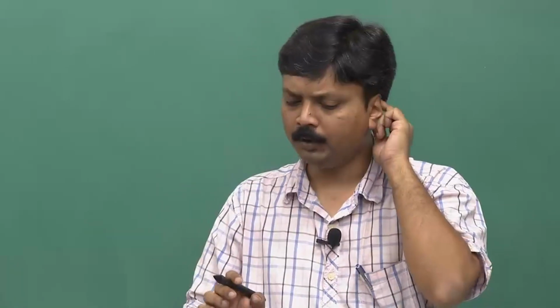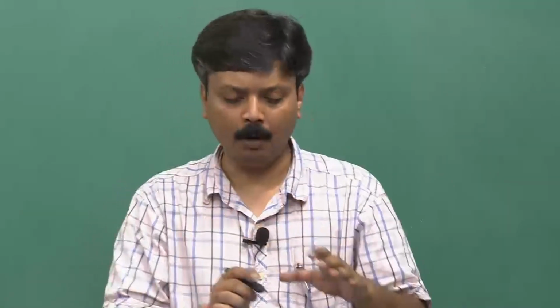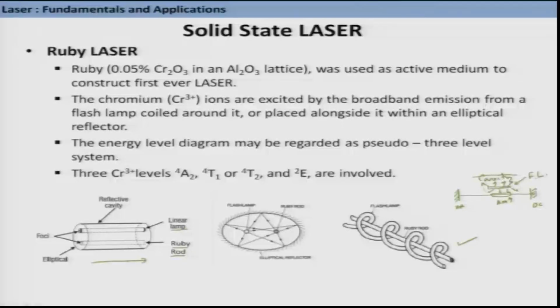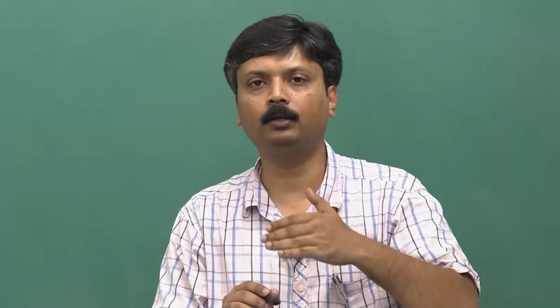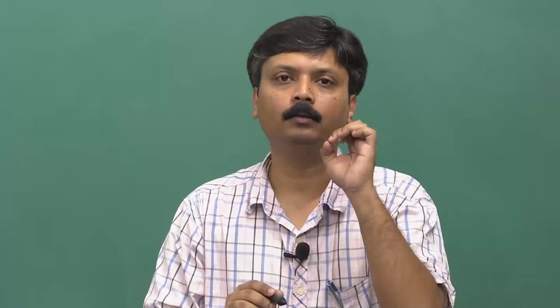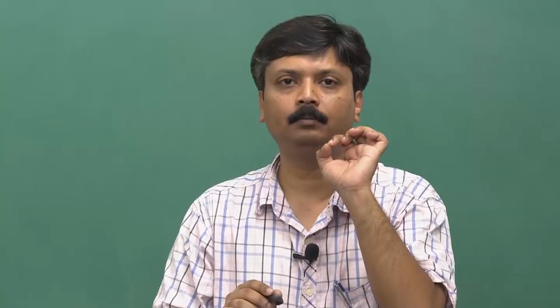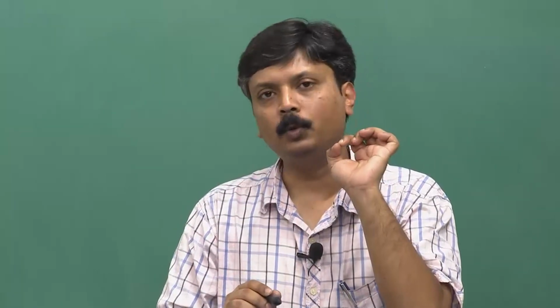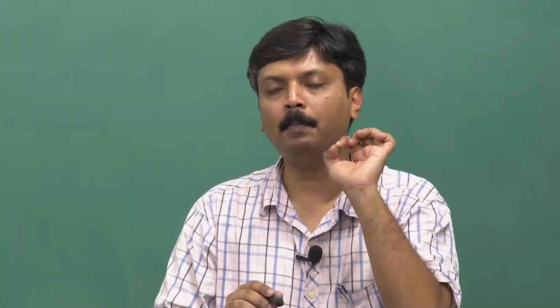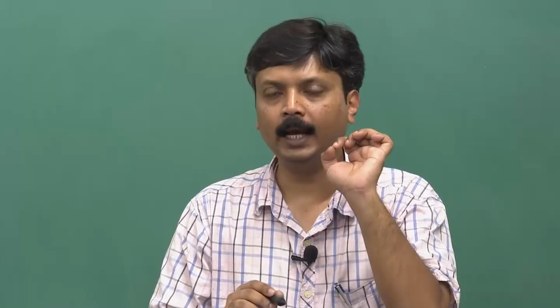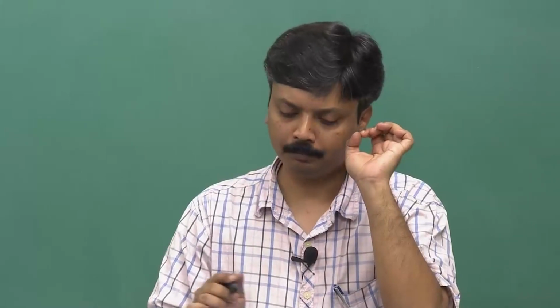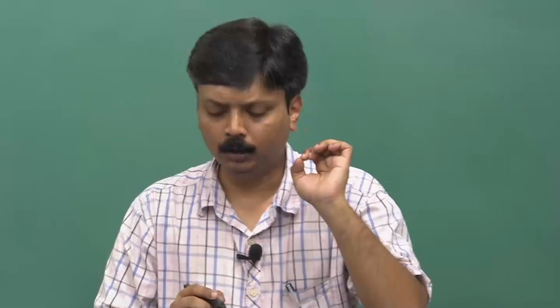So, that is about this direction. Now, one more thing one has to consider. Even if I think about a reflector all around this lamp and ruby crystal rod, it is not necessary that the reflected light will reach the active medium, that is ruby. So, we have to think about a particular geometry which can certainly do that.